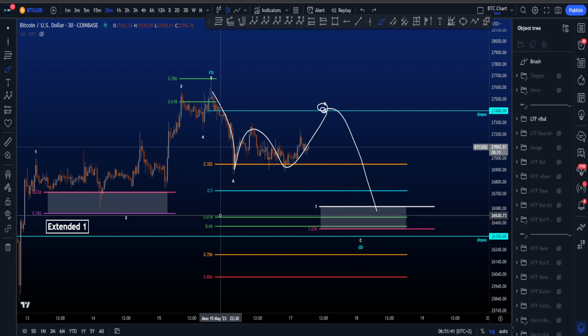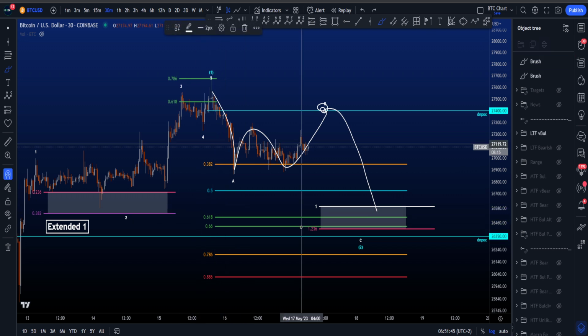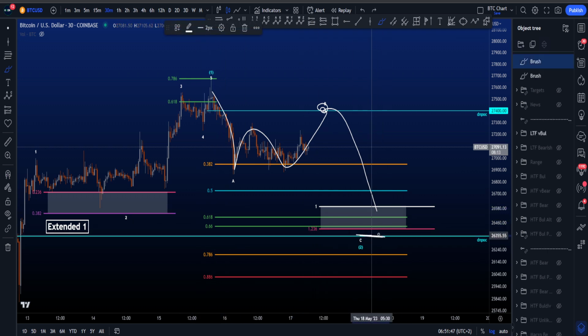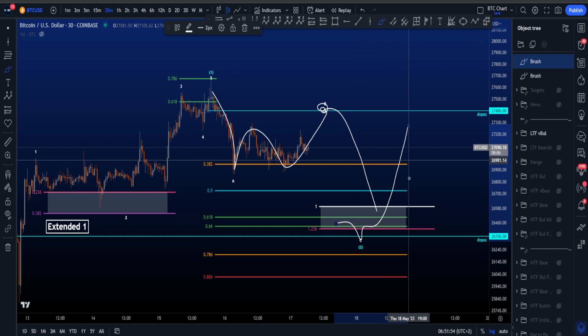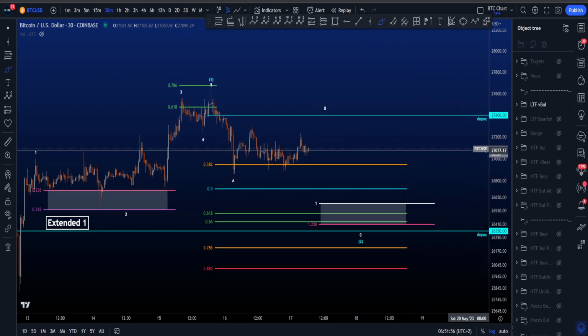That is in confluence with one of the most common retracement targets for wave 2, being the golden pocket, and also just above the daily naked point of control, which can be very nice because price can wick into that daily naked point of control and then eventually continue moving to the upside. So I do think this is very interesting.